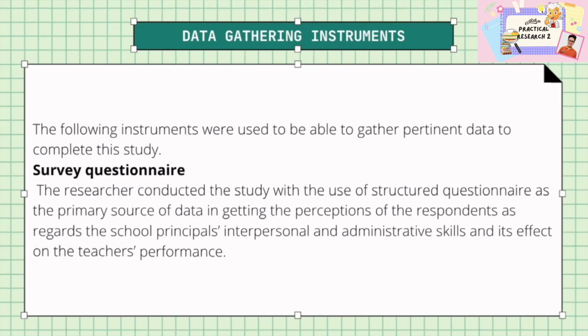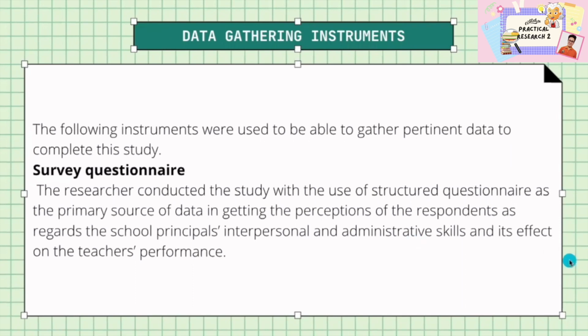So survey questionnaire, meaning to say the researcher used a survey questionnaire. So you have to describe or say something about the survey questionnaire. "The researcher conducted the study with the use of a structured questionnaire as the primary source of data in getting the perceptions of the respondents as regards the school principal's interpersonal and administrative skills and its effects on the teacher's performance."